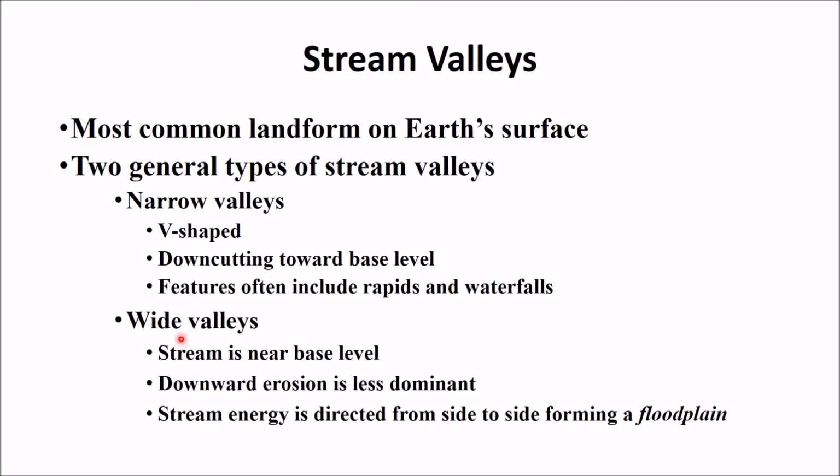And wide valleys normally occur downstream of the flow, where the stream is near the base level, and downward erosion is less dominant, and normally the horizontal, lateral erosion occurs, and deposition occurs, mainly.